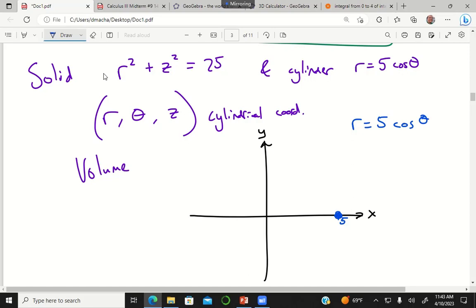And then I know that cosine goes to 0 at pi over 2. So as I rotate theta up from the x-axis to pi over 2, I should get to 0 somehow. Maybe something like this. Ooh.